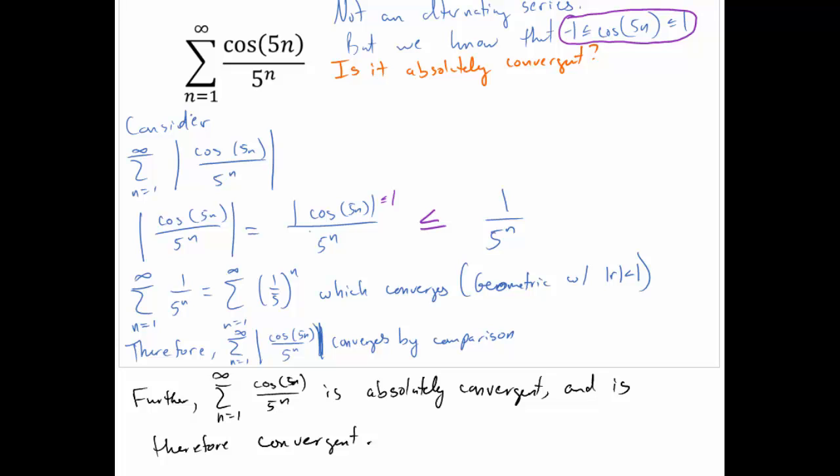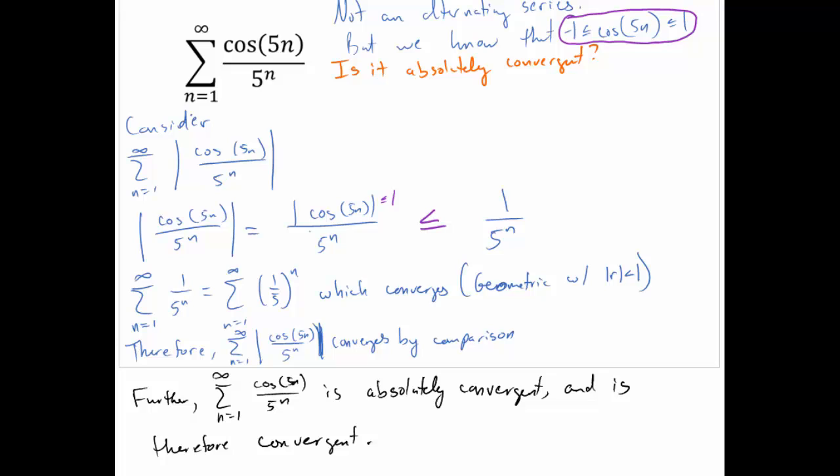And so under absolute value, the series converges. And from our theorem, if a series is absolutely convergent, it is convergent. So we were able to prove that the series converged by proving that it was absolutely convergent. So there's one example of how to use absolute convergence to prove convergence of a series.